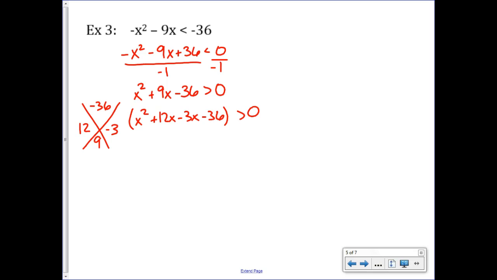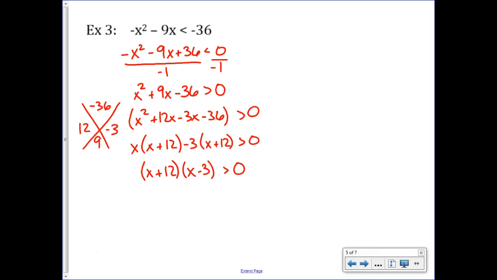So if I take out x, then I have x plus 12. And I take out a minus 3, then I have x plus 12. So then I have x plus 12 times x minus 3 is greater than 0.